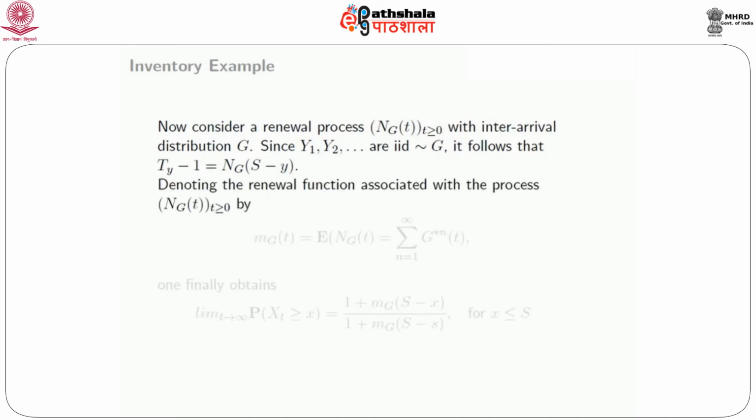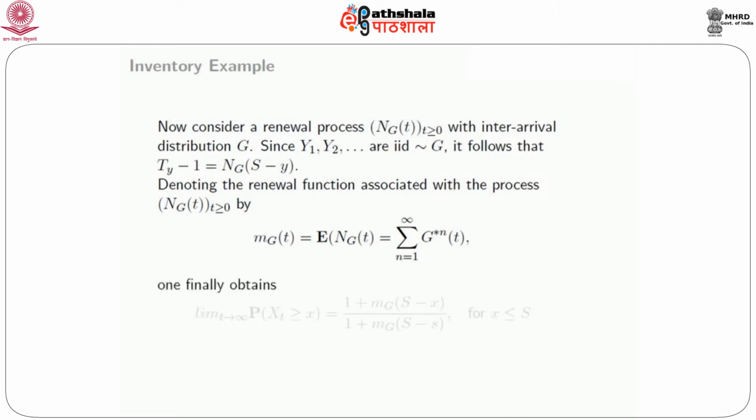Now, denoting the renewal function associated with the process N_G(t) by M_G(t) equal to the expectation of N_G(t), which of course is, as we already know, the sum over n equal to 1 to infinity of G star n(t). So here the distribution of the interarrivals for this renewal process is G. So this is the n-fold convolution of G.